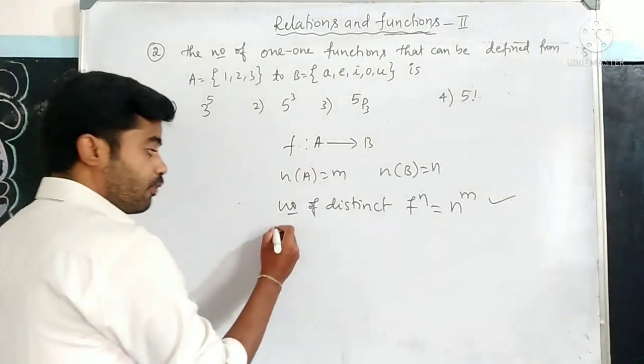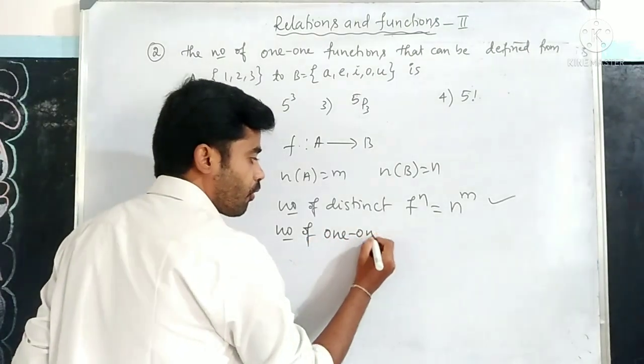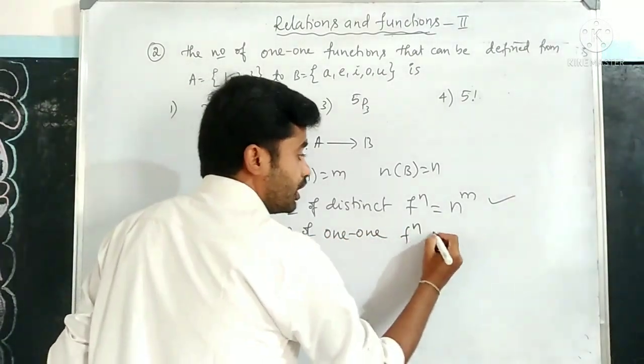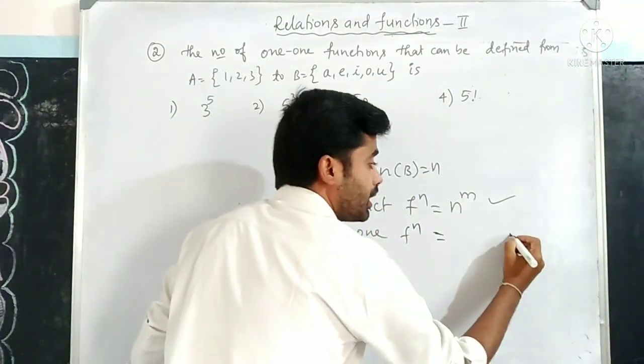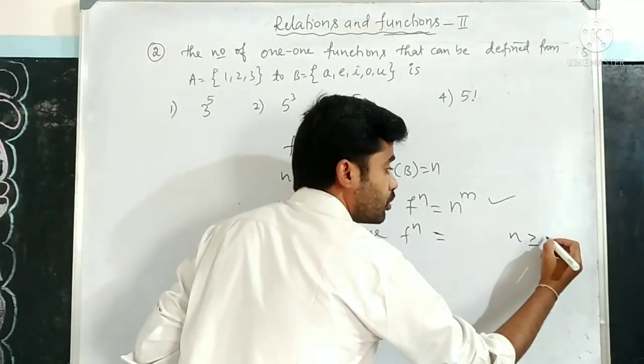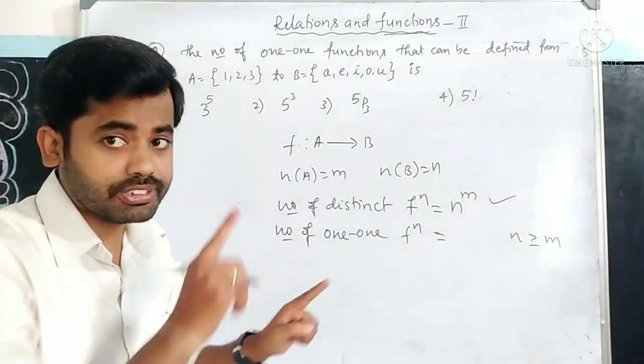Then the number of one-one functions. One important condition is that the number of elements in B must be greater than or equal to the number of elements in A. Then only can we define one-one functions, otherwise it is not possible.